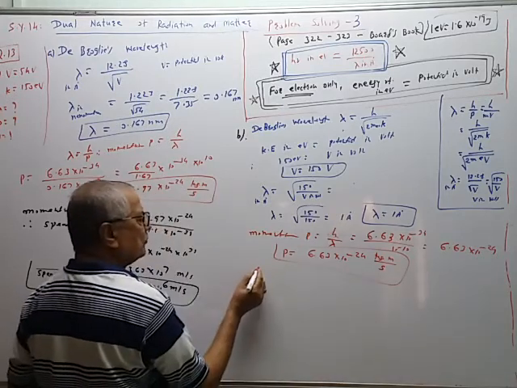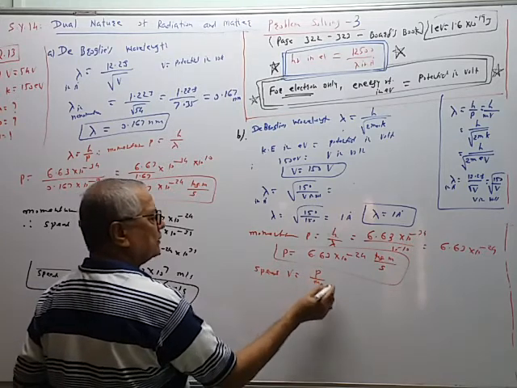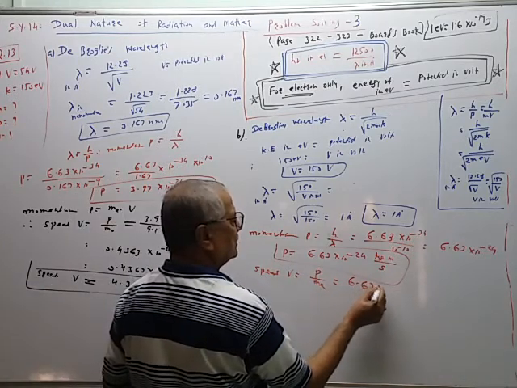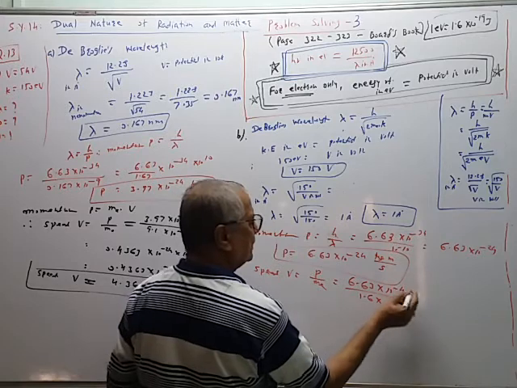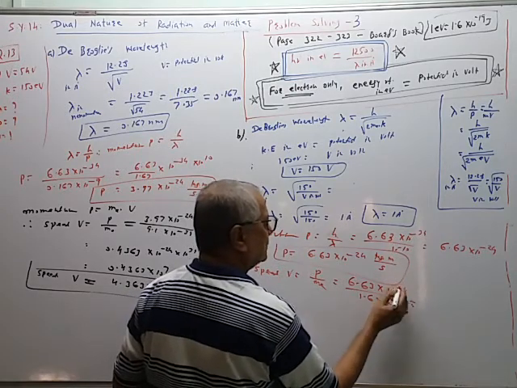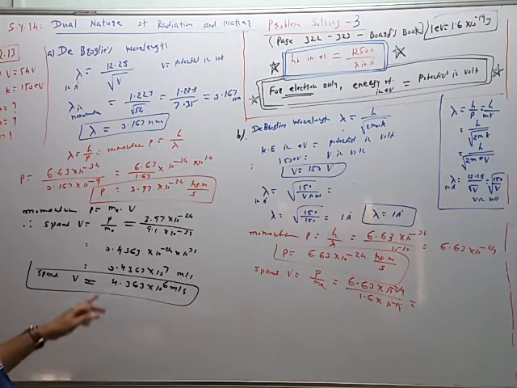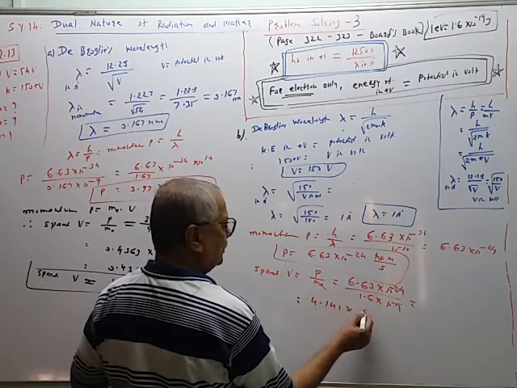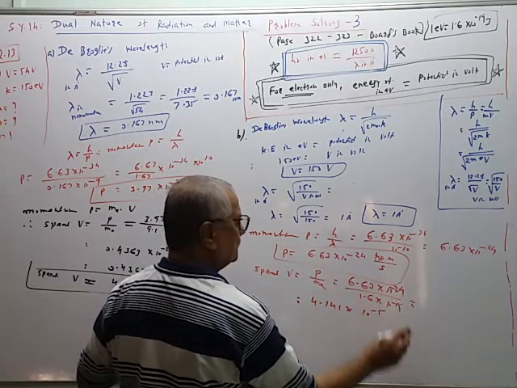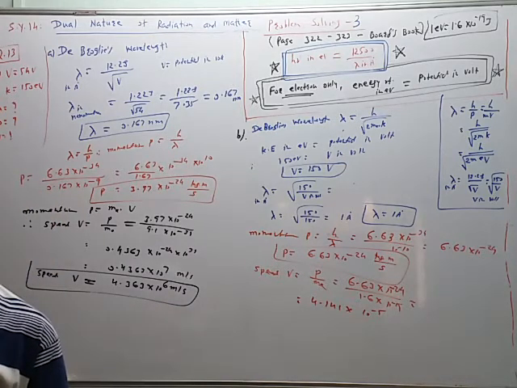And once we know the momentum, then we can find speed. Speed V is equal to P upon mass of the electron.